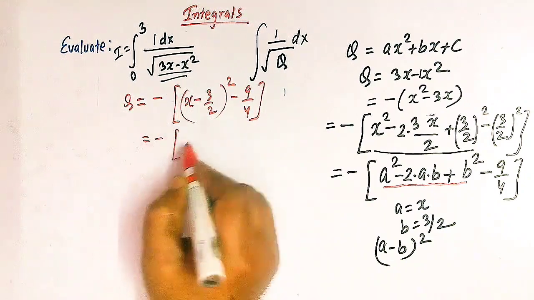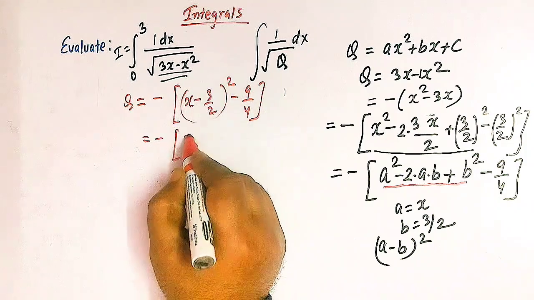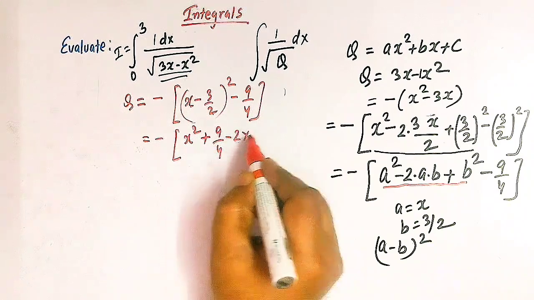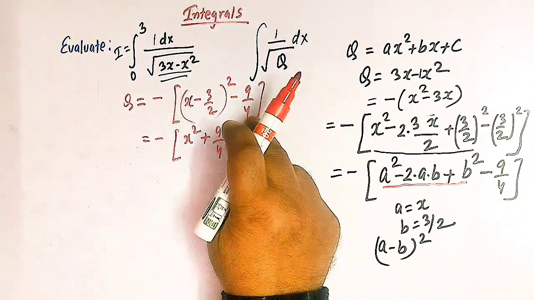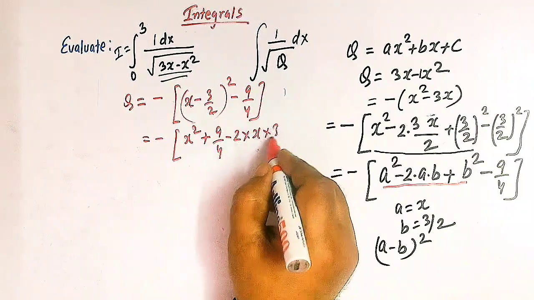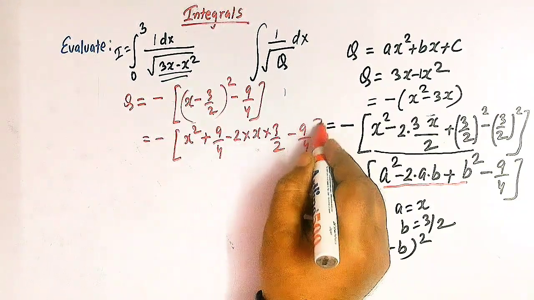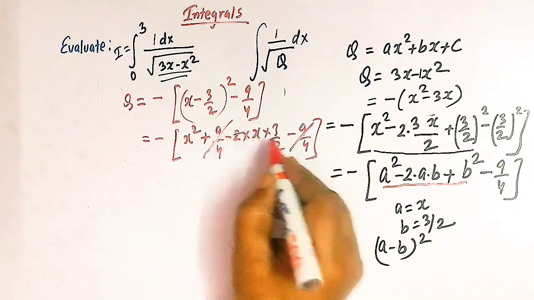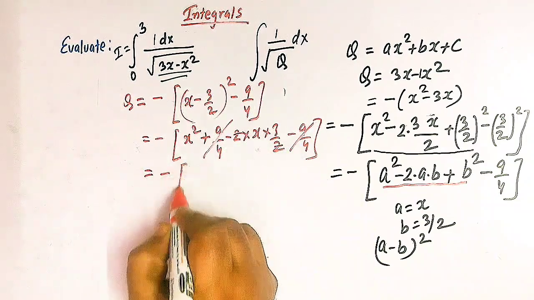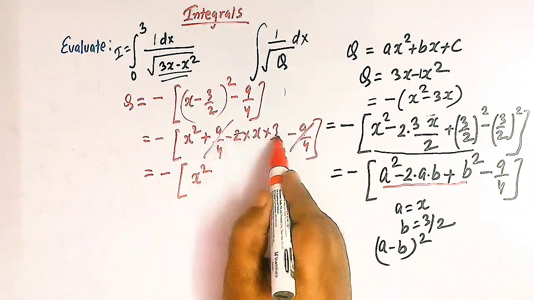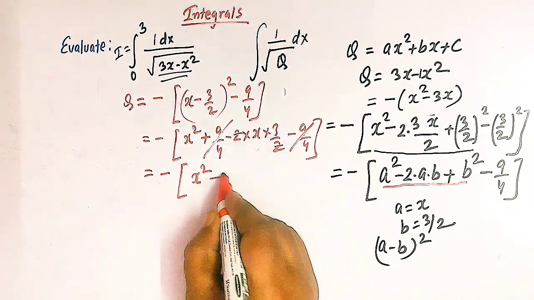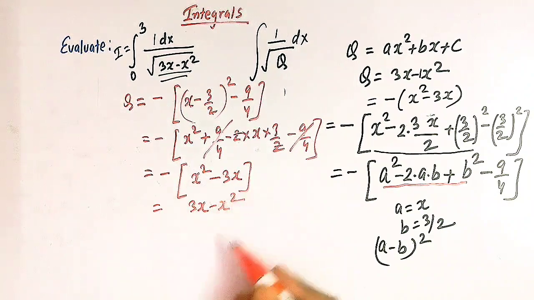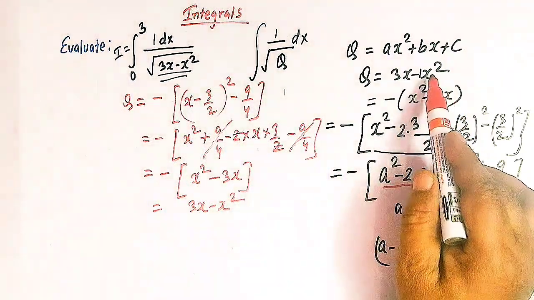Because see, here we have a minus b square, so we have a square, then we have b square, that is plus 9 over 4, then minus 2ab, that is 2 times, here we can write x times 3 by 2, and here we have minus 9 by 4. So 9 by 4, 9 by 4 get cancelled, and here 2 and 2 also get cancelled, so we have minus x square, and this is simply 3x, and now we can write it as 3x minus x square, right? So we'll get the same quadratic polynomial.